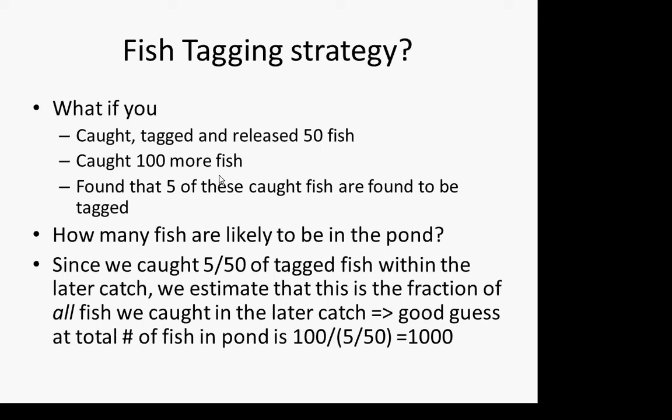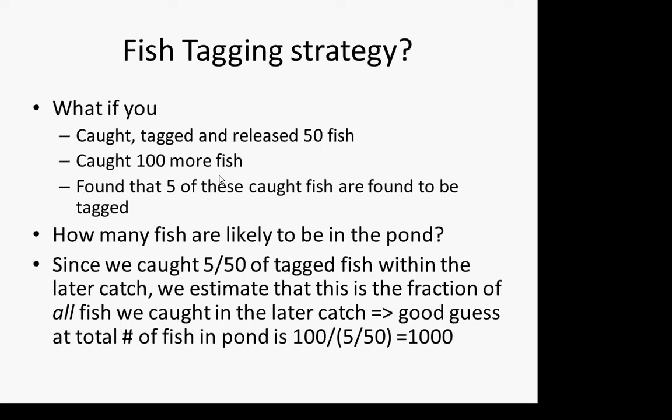Now remember here, we're only catching, in the process of this, 50 plus 100 fish, 150 fish out of the 1,000. Well, we can estimate the number of fish out there. Even though we haven't gone and caught them, we can estimate there's probably about 1,000 out there. It's imperfect, but it's probably better than just guessing.